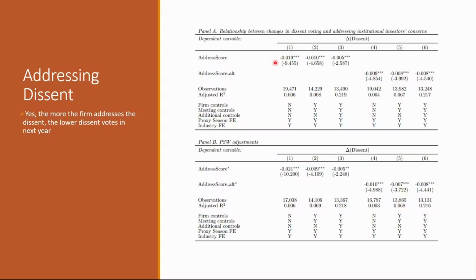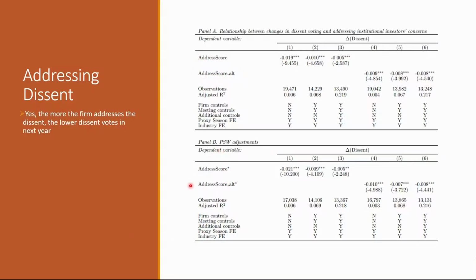So this is now two times out, right? You dissented once, they change it, and now we're looking at whether they dissent on that changed decision for the next group of independent or any director for the board. And so yeah, with a couple of different variations, they have alternate specifications for this measurement of how much it's been addressed.